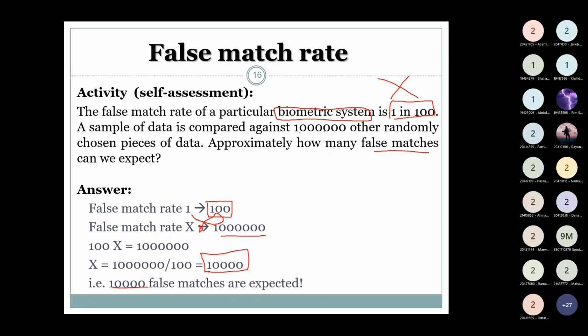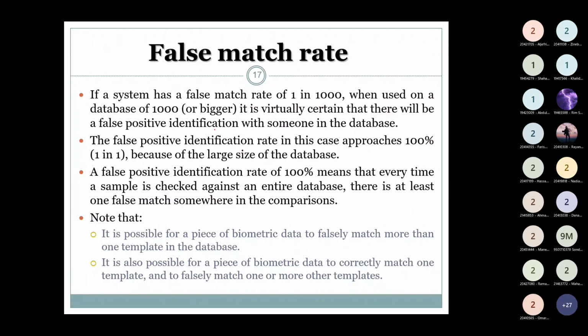Look here. If a system has a false match rate of 1 in 1,000, then when used on a database of 1,000 or bigger, it is virtually certain that there will be a false positive identification with someone in the database. The false positive identification rate in this case approaches 100%, meaning 1 in 1, because of the larger size of the database.